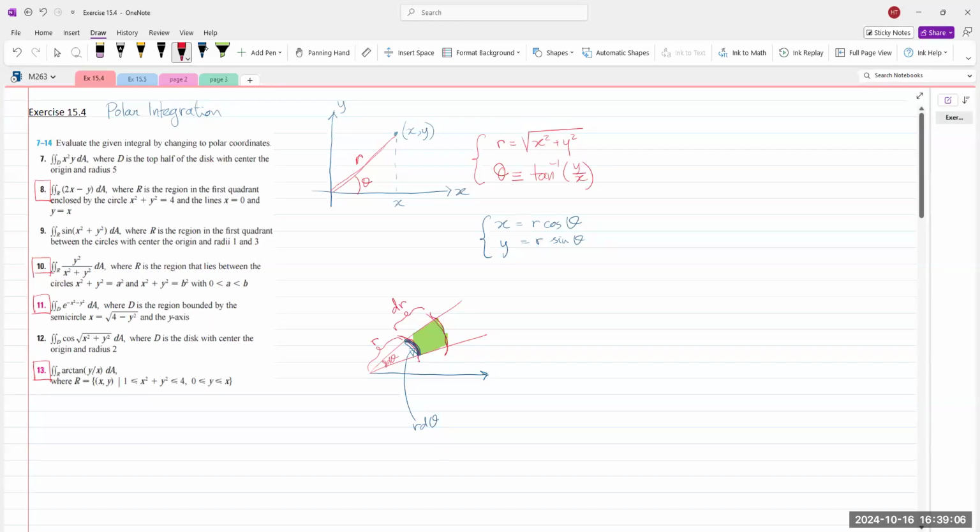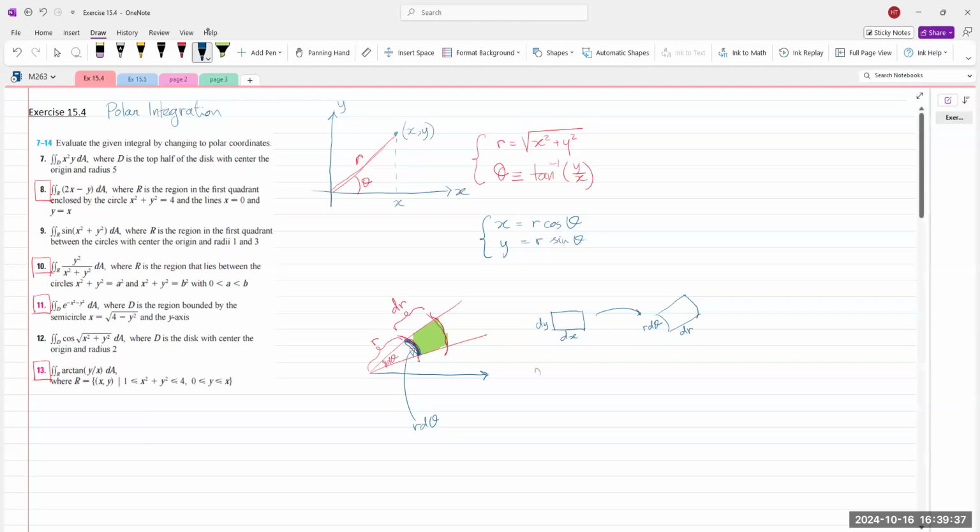So the rectangle that we have in the rectangular coordinate system, dx dy, is now represented by this rectangle, which is r d theta times dr. That becomes the foundation of our integration later on.